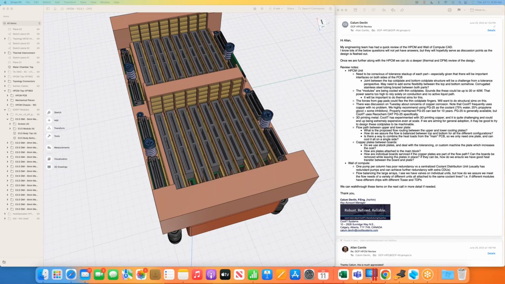Overall, I guess we said a first order tolerance stack up analysis, and the other one was this thermal interface, which is what we're trying to model already, right? But we were talking about the mechanical stack up between the connector mount, because the connector mountings are going to be toleranced.